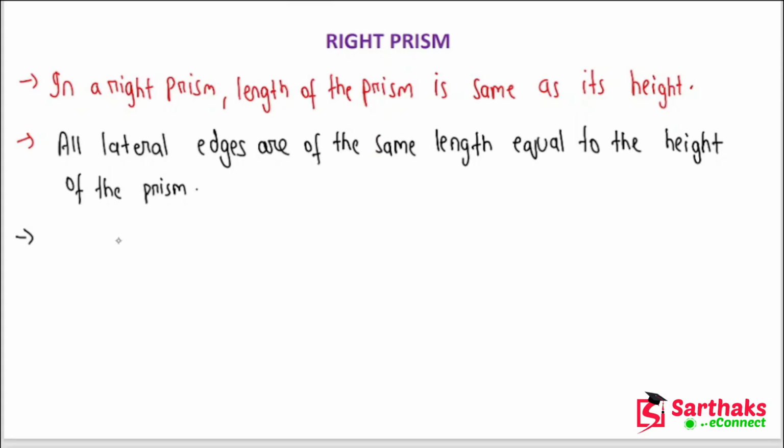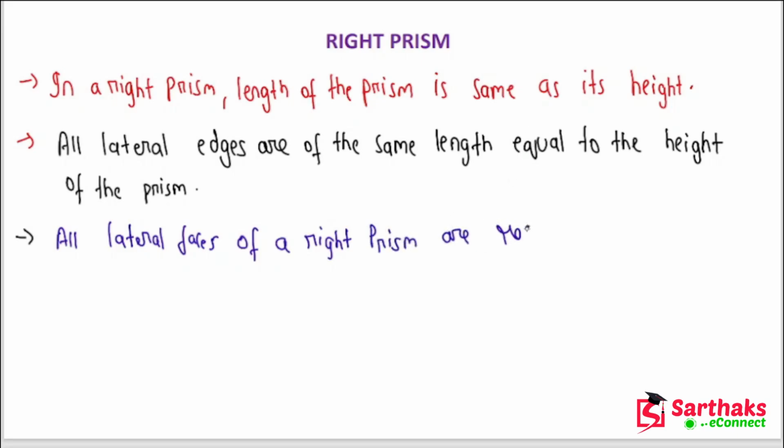Also another thing is that all lateral faces of a right prism, I am not talking about oblique but right prism, are rectangles, as I showed you in a previous figure.